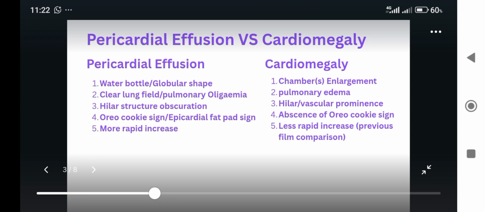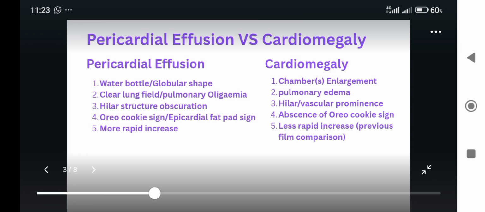So you have features of congestive cardiac failure, pulmonary congestion, that is pulmonary edema. You see some of these signs in cardiomegaly. Then in pericardial effusion, there is hilar structure obscuration. The hilar doesn't look prominent compared to cardiomegaly, where you have hilar and vascular prominence.